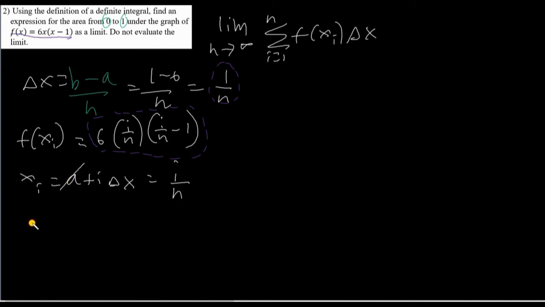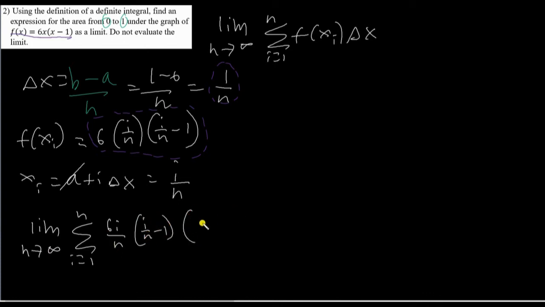Since we have both the parts, we'll say the limit of the sum, and then f of x sub i is 6i over n times i over n minus 1, times our delta x, so times our 1 over n. And with that, we have finished problem 2.